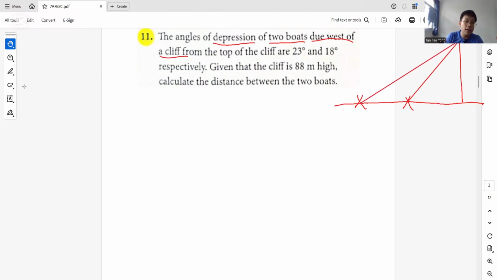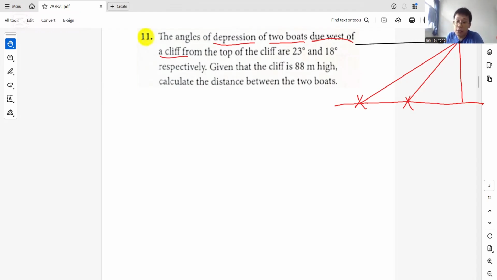So angle of depression, how do we draw it from the top of the cliff? Recall that the angle of depression from the top of a cliff is always measured from the eye level, which is horizontal, parallel to the flat ground, or in this case the sea level.